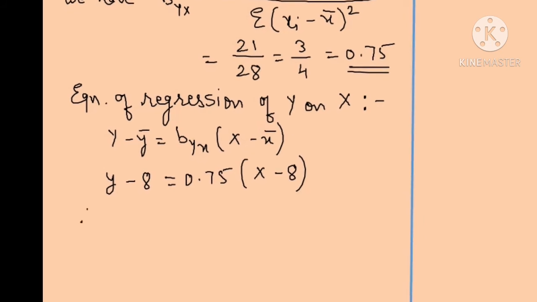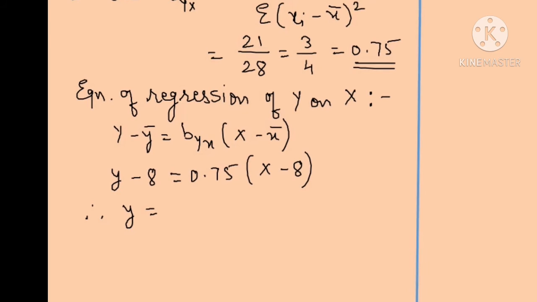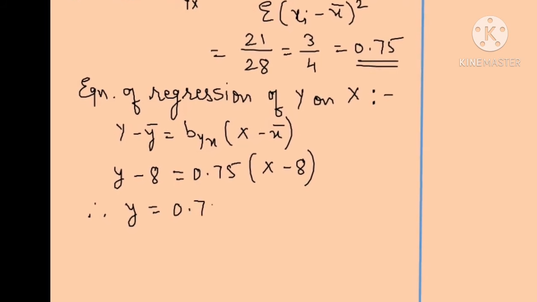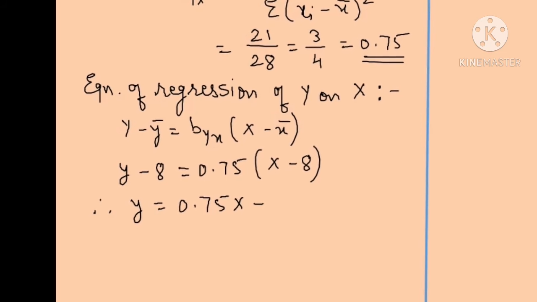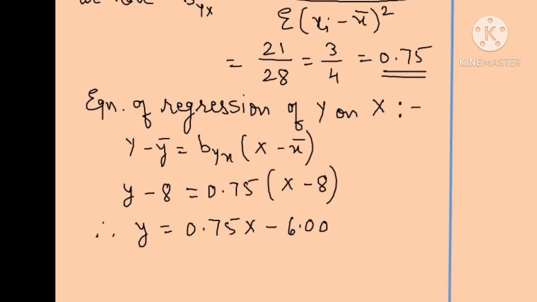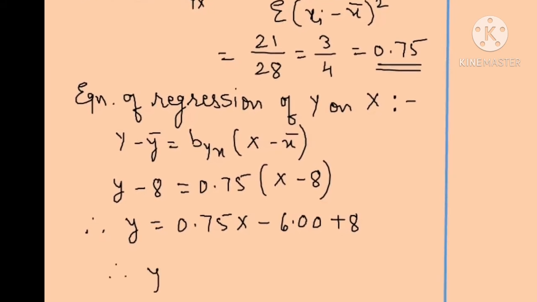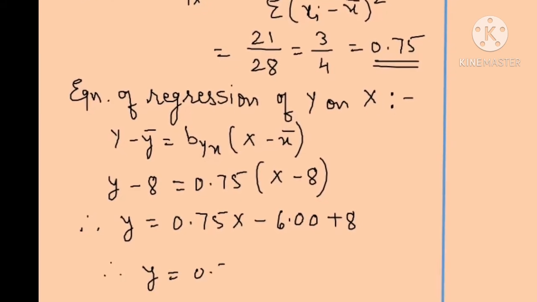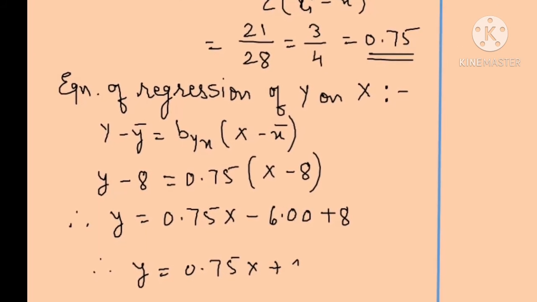So you get y is equal to 0.75x minus 8 into 0.75, that is 6.00, plus 8. So your equation of regression is y is equal to 0.75x plus 2.